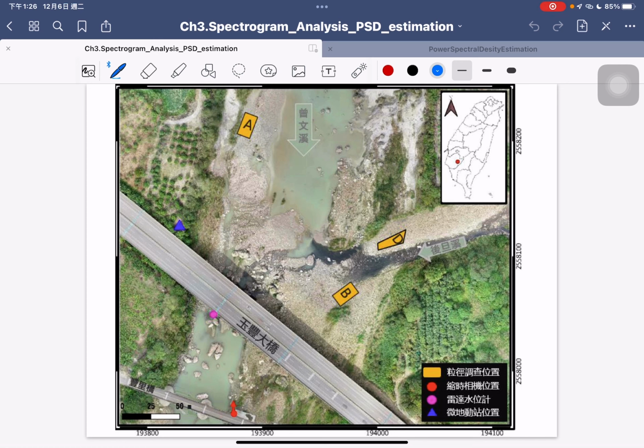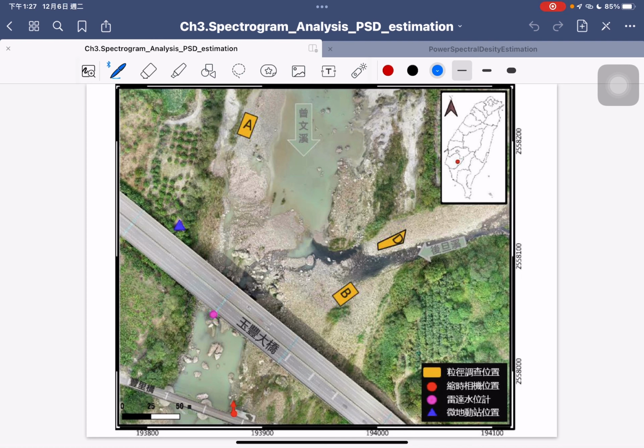And today we also plot the time series associated with the water level. So we should have a water gauge, right? We put the LiDAR water gauge located here. This point provides the data on water level variations at different times. So today we only pick two data sets.